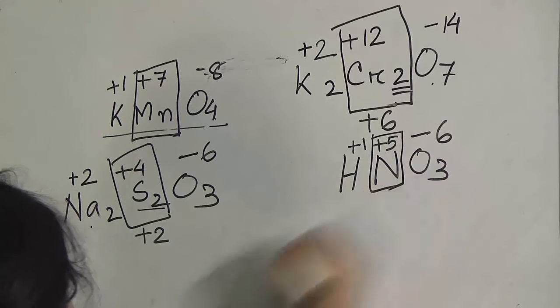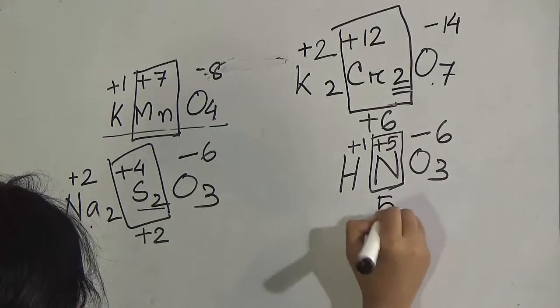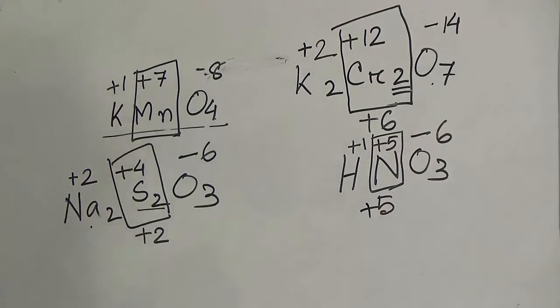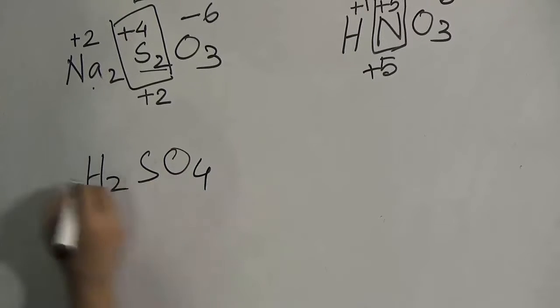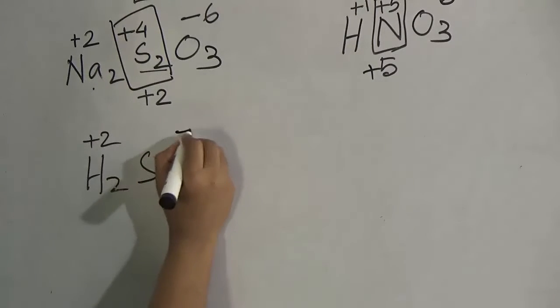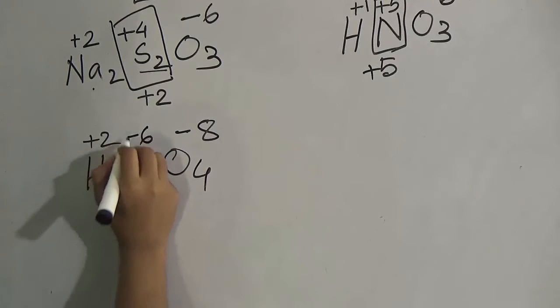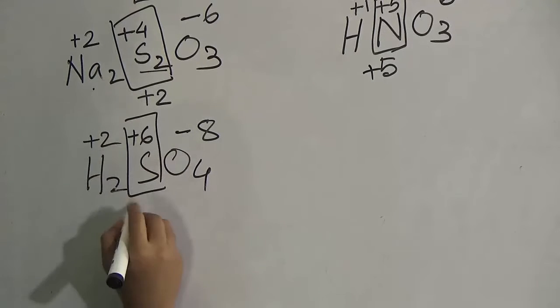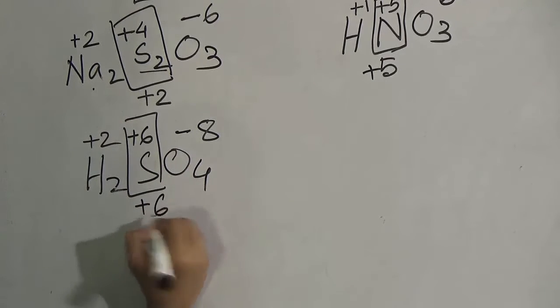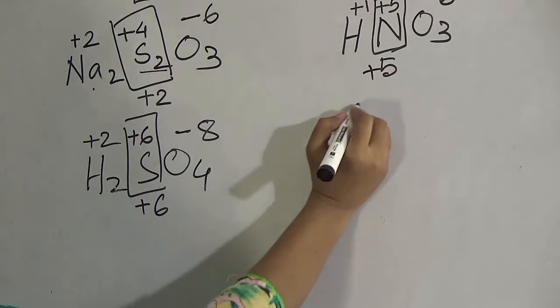So here nitrogen's oxidation number is +5. Now come to sulfuric acid. It will be +2, it will be -8, so it will be +6. So here sulfur's oxidation number is +6.